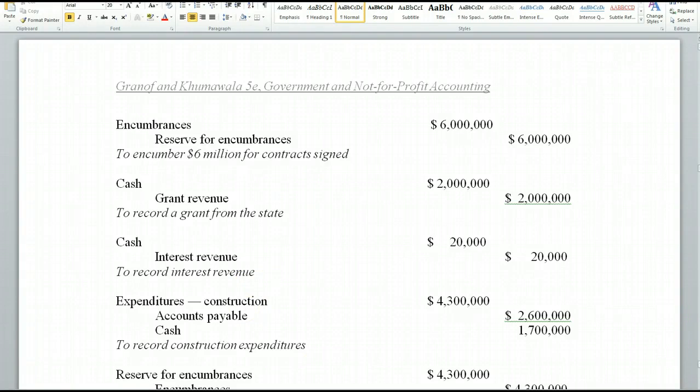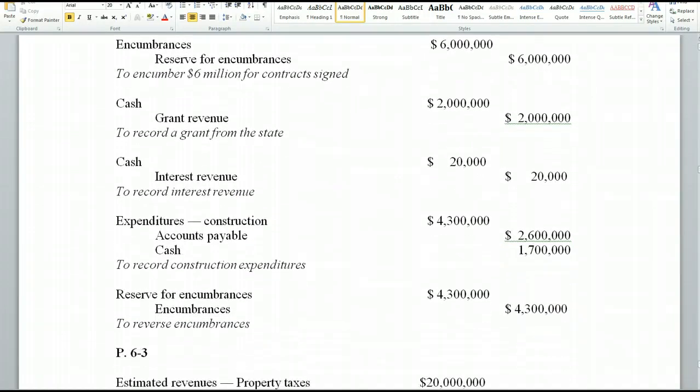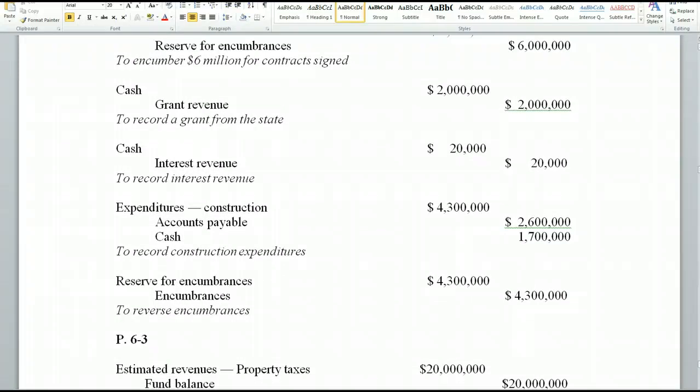Now an important facet relates to our expenditures. The bills came in. Now we encumbered $6 million for construction costs, but we actually were invoiced $4.3 million.